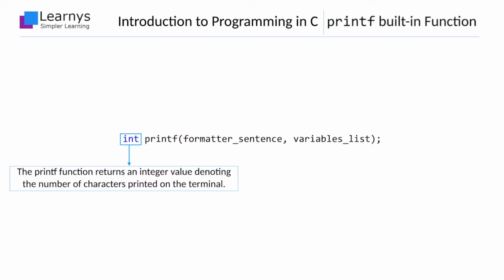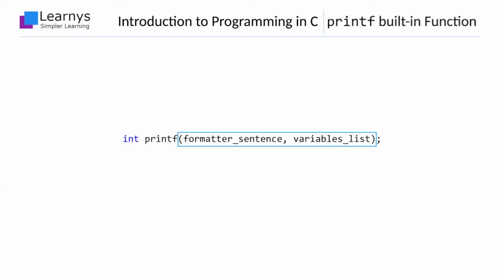While making a call to a function, sometimes we need to pass on some values to the function. These are called arguments of the function call, and they appear in between the parentheses following the function name. In this sentence, we can see two arguments.